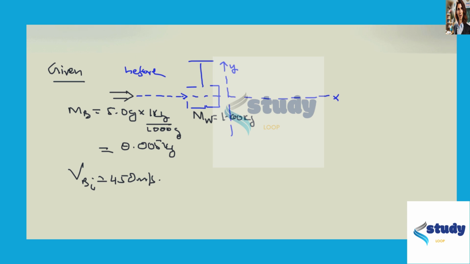We're also given that once the bullet collides with the block, something happens. This is the block right here.